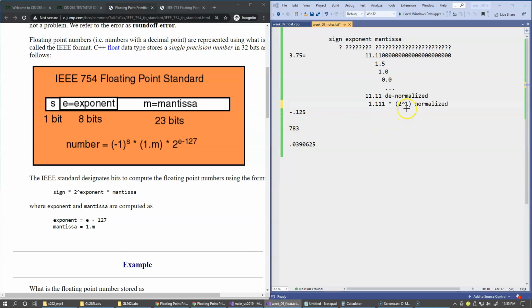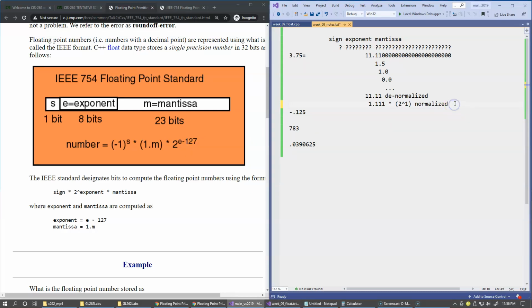And now our exponent 1 must be stored not simply as 1, but as 127 plus 1, because you see, the hardware wants to subtract 127 before using it to compute the power.